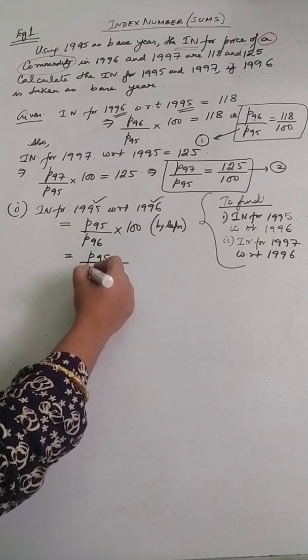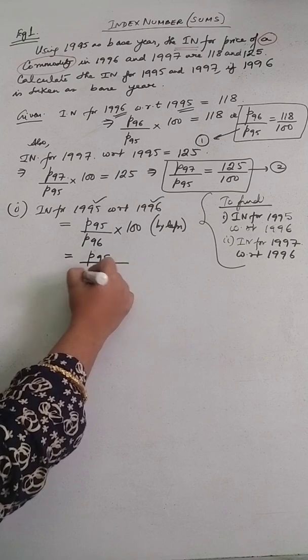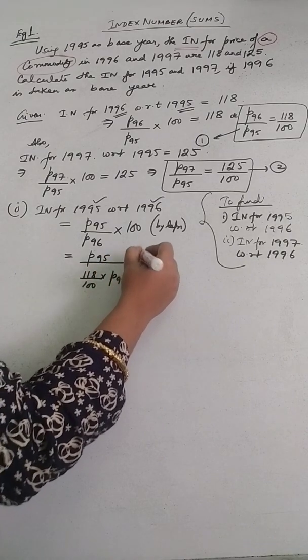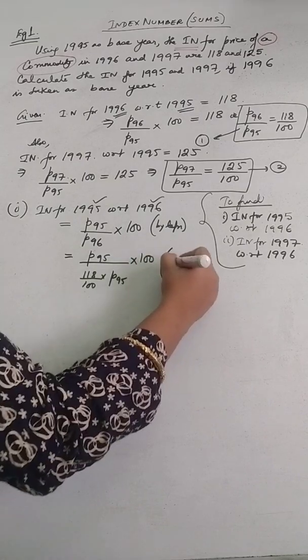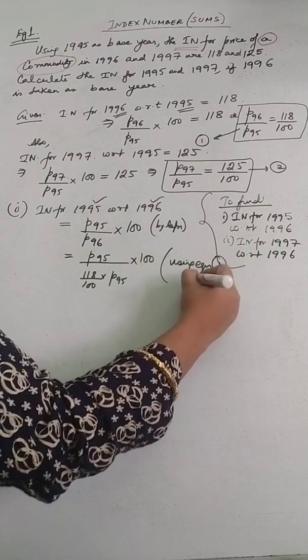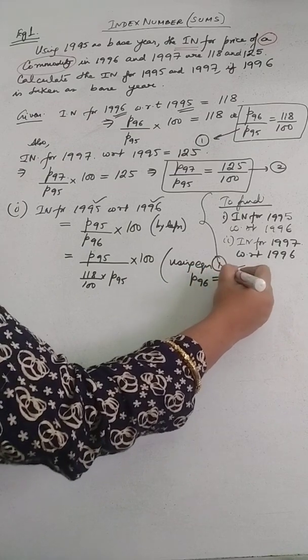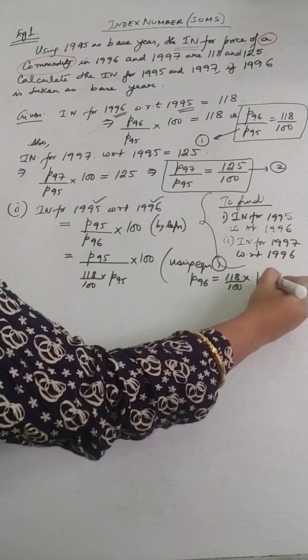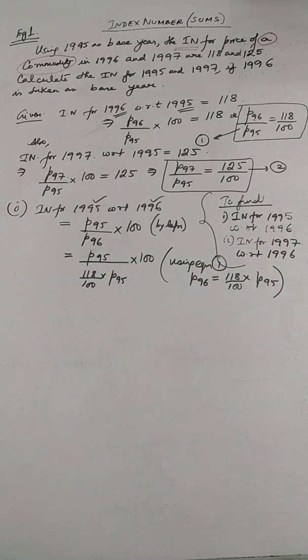P95 by 118 by 100 into P95 into 100. You are using equation 1 where P96 can be written as 118 by 100 into P95. Or straight away you can take the reciprocal, since P95 by P96 is 100 by 118, that also you can write.